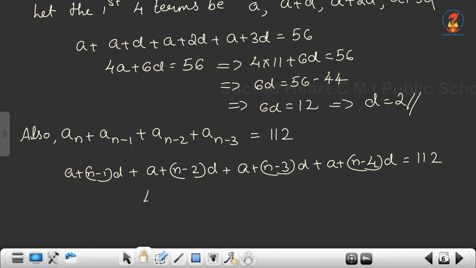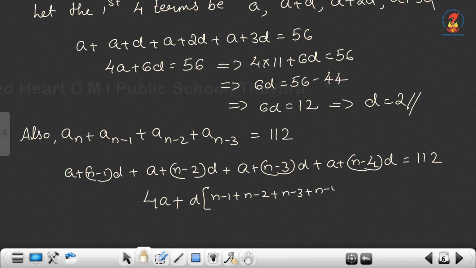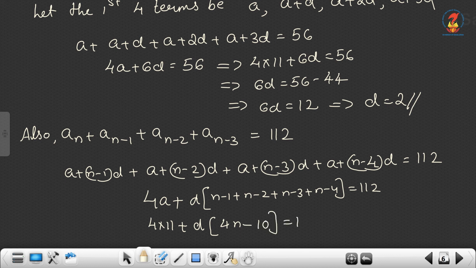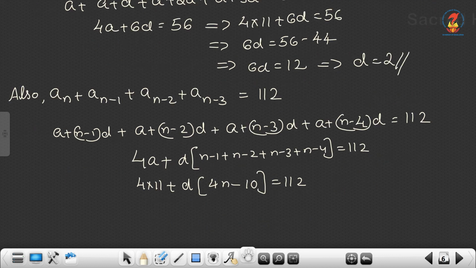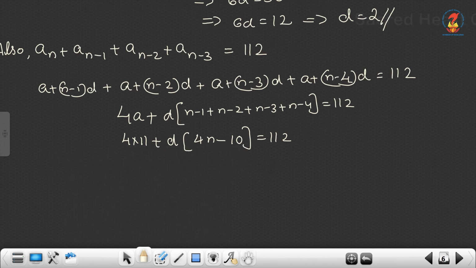So here also, 4a plus d I am taking outside, n minus 1 plus n minus 2 plus n minus 3 plus n minus 4, is equal to 112. And the a value is given as 11. So 4 into 11 plus d into 4n minus 10 is equal to 112. Now only simplification, find the value of n.